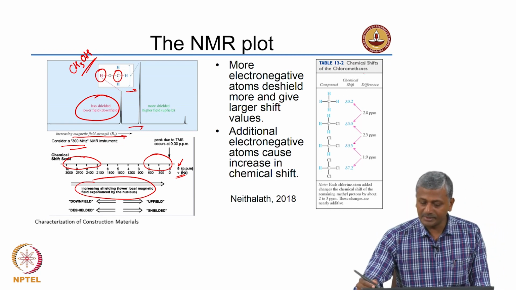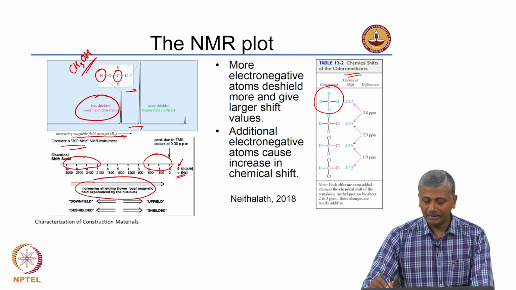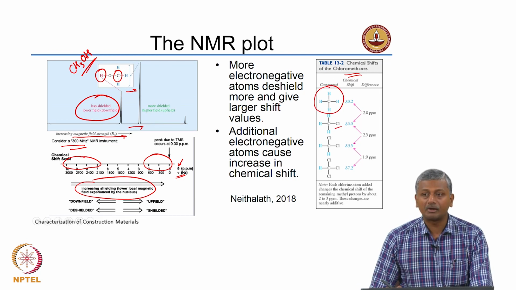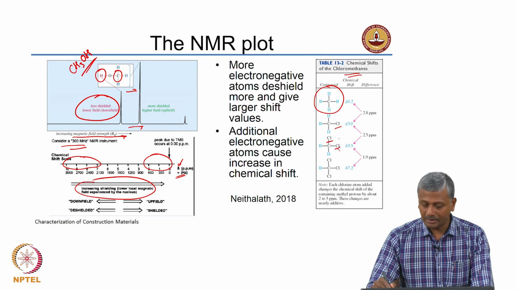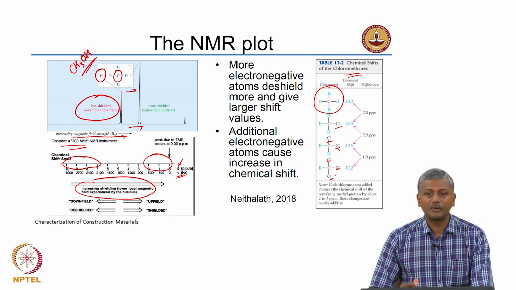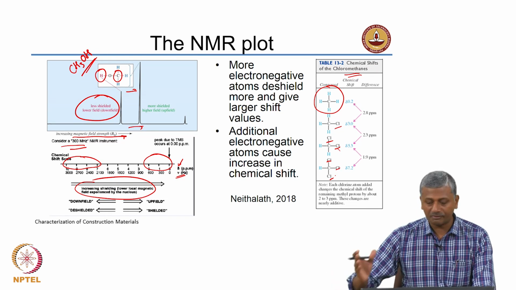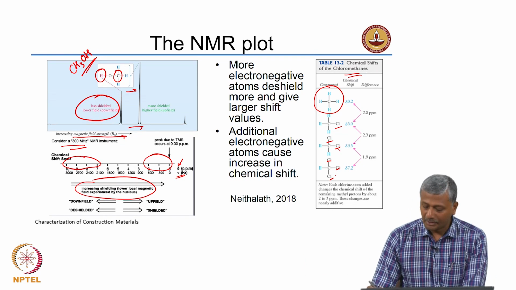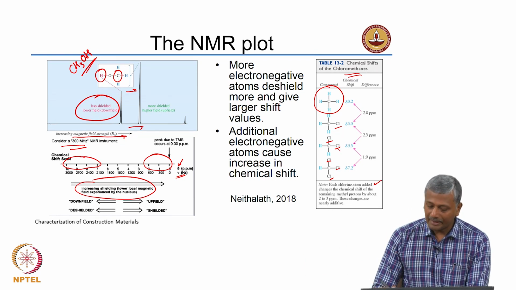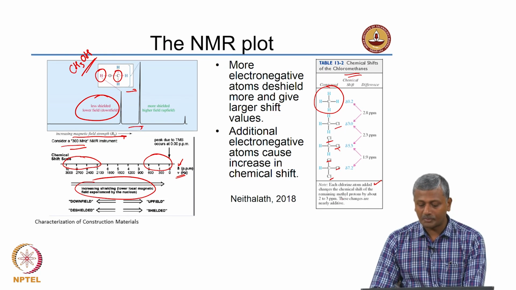So for instance in chloromethanes, here this is just methane, now you have a single chlorine replacing the hydrogen atom, here you have 2 chlorines, and you have 3 chlorines here. So all you are doing is increasing the level of substitution of hydrogen with chlorine, forming different types of chloromethanes. Each chlorine atom added changes the chemical shift of the remaining protons by about 2 to 3 parts per million.